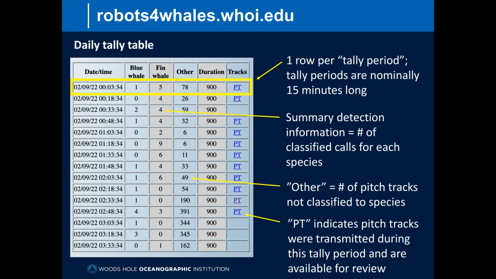So when we're monitoring really well, every single one of the tally periods will have a PT in it. If you're not monitoring very well because there's some interfering noise producing a lot of other pitch tracks, a lot of these rows won't have PTs in them.